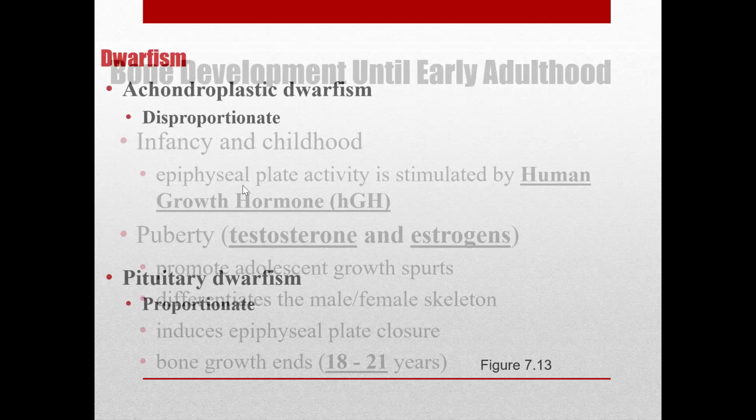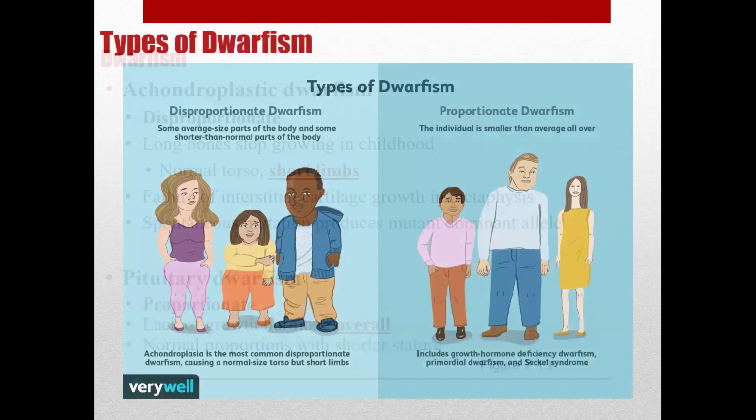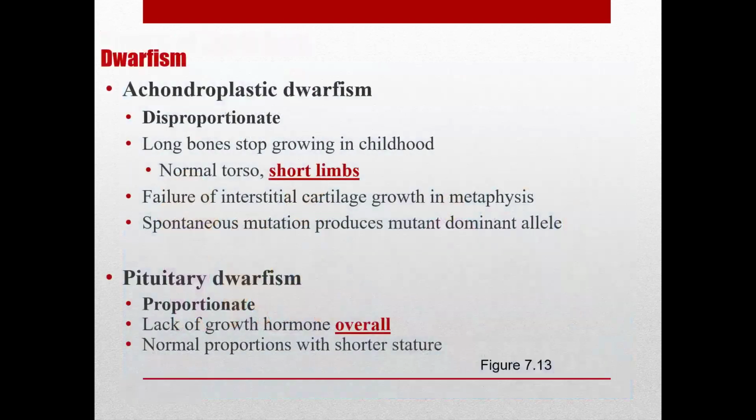There we go. So dwarfism, this will be more for A&P 2. I just thought I'd preview it for you. I'm not going to make a big deal of it for our tests, but there are two types of dwarfism. First of all, the one at the bottom is true pituitary dwarfism, meaning your growth hormone is very lacking altogether, so your whole skeleton will be small and you'll be considered a dwarf when your entire skeleton is smaller.